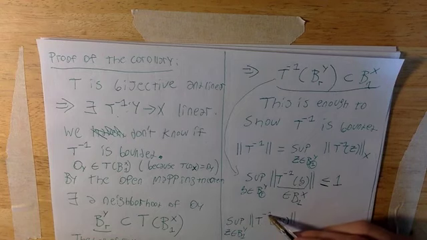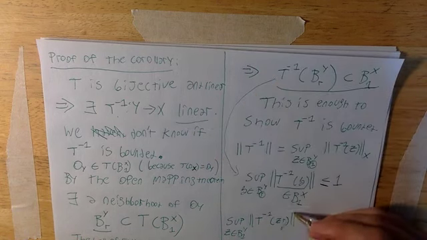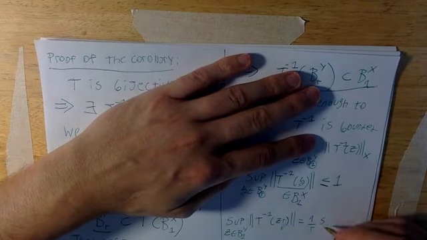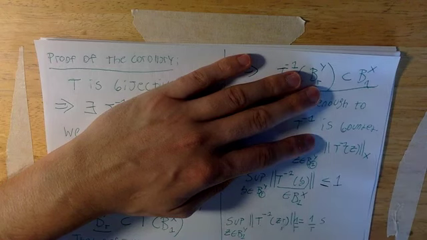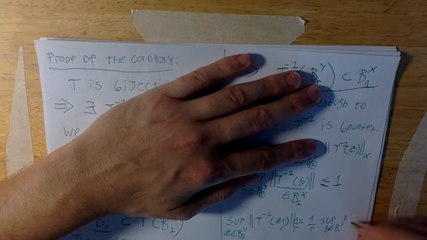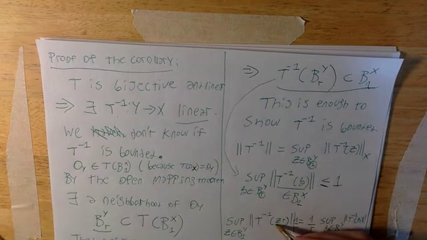Then using the property of linearity of T inverse and using the properties of the norm, this is just 1 over r times the supremum of y in BRY of T inverse of y in norm, because I multiply z times r.